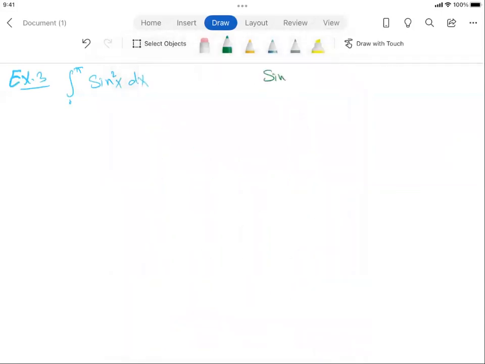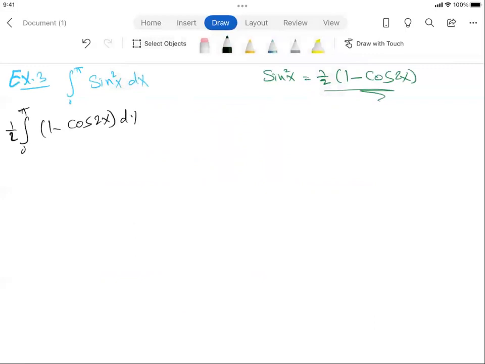We know that sine square of x equals 1/2 times 1 minus cosine of 2x. So we will be utilizing this identity. So our integral becomes 1/2 times the integral from 0 to pi of 1 minus cosine of 2x dx.